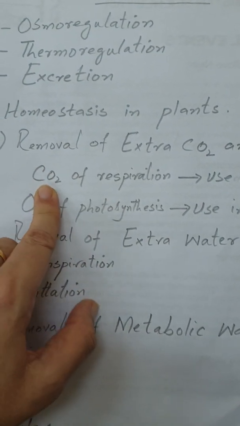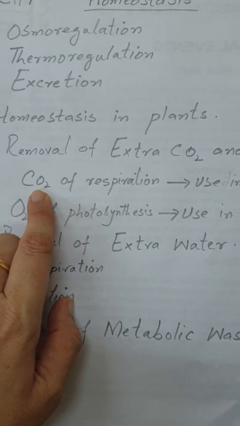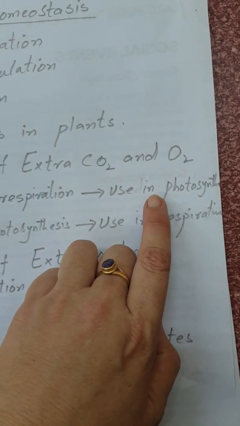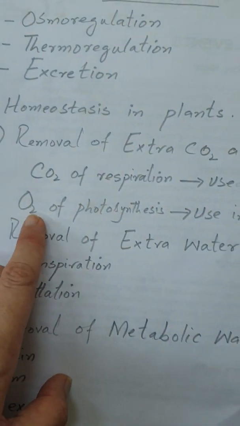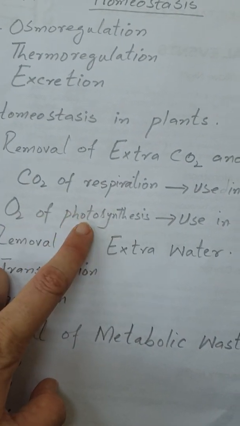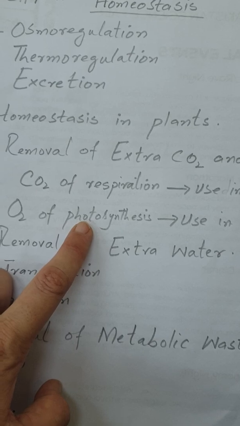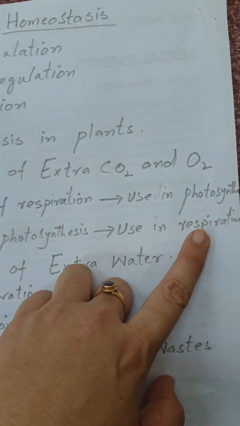Carbon dioxide is produced mostly in the chemical reactions of respiration, released as a byproduct, but that carbon dioxide is used in the photosynthesis of plants. And oxygen, a byproduct of photosynthesis, is also not released from the plant body because it is used in respiration.